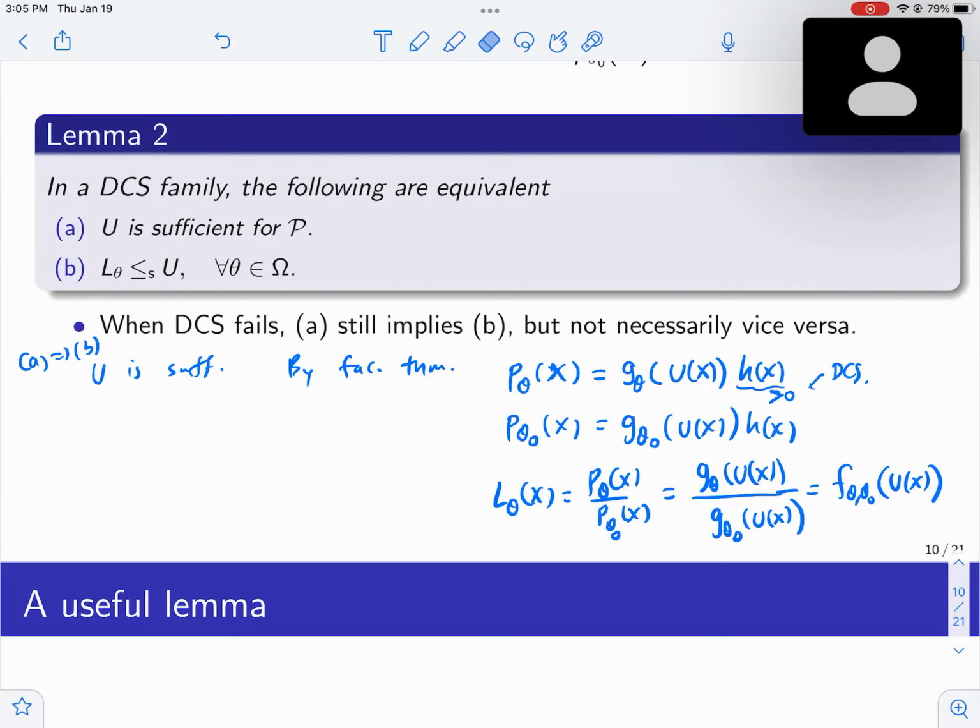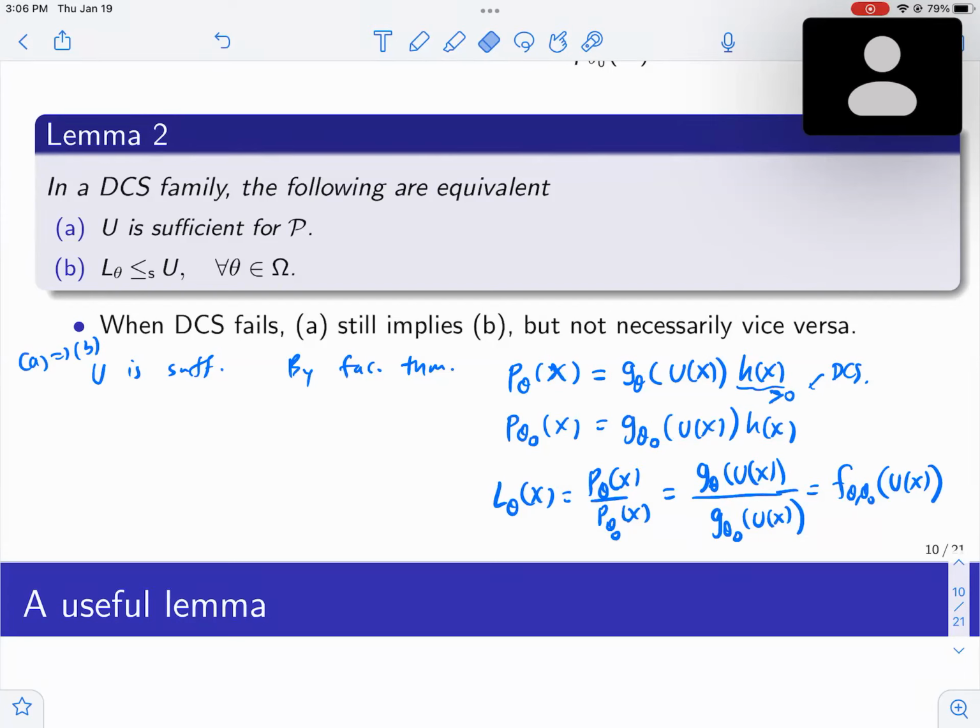To show this direction, you also have to show that L is sufficient. Which direction, to show B from A? I'm not saying in B that L theta is sufficient. A implies B, and B doesn't say that L theta is sufficient. By definition, if L theta is less than or equal to U, then L theta itself has to be sufficient.